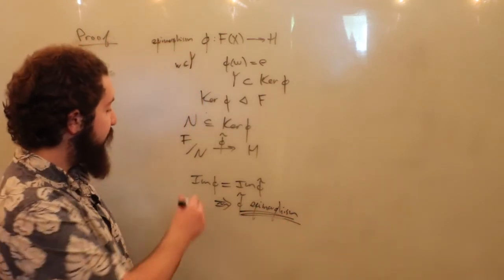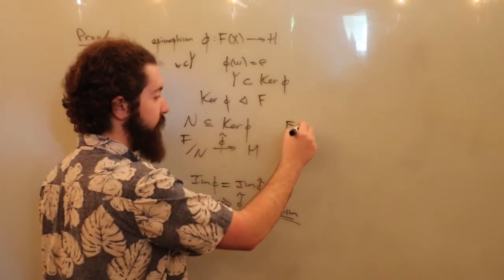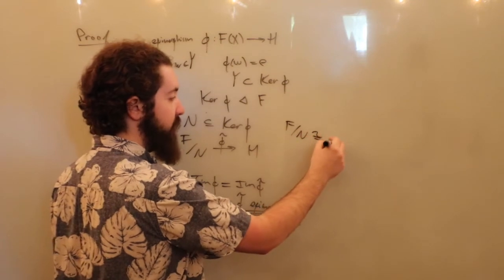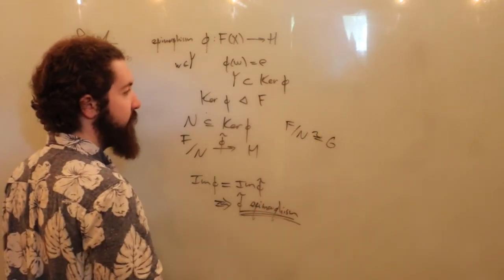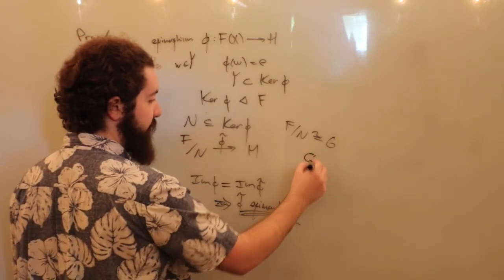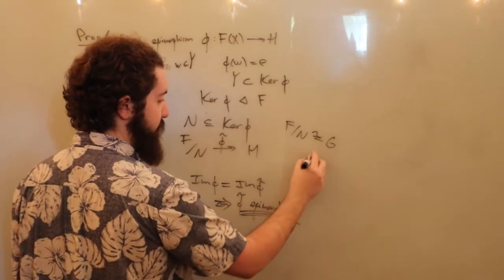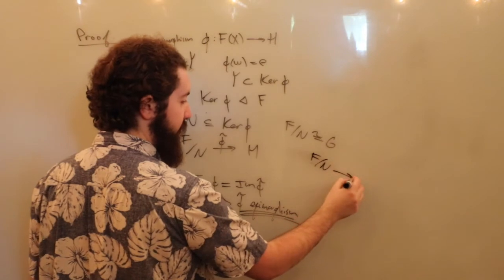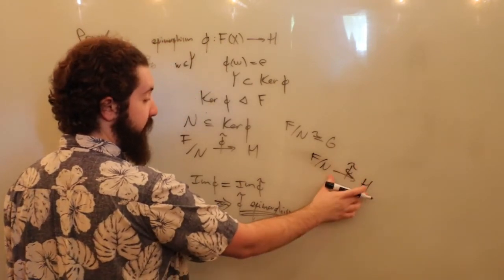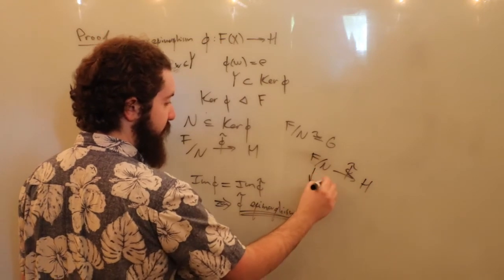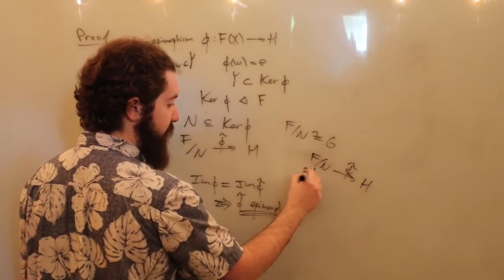And of course, because F quotient N is assumed to be isomorphic to G, you could draw a diagram for this: F quotient N going under phi tilde to H, and then going to G via an isomorphism.